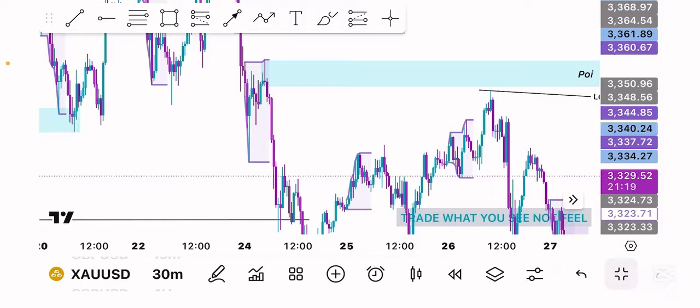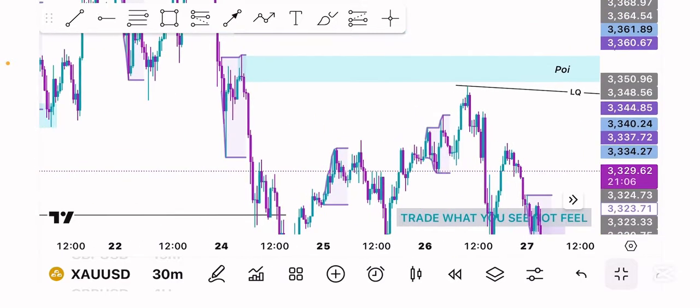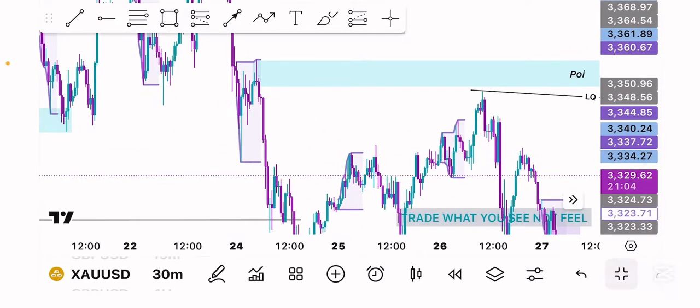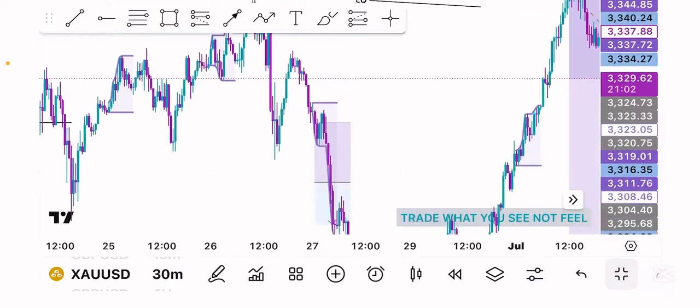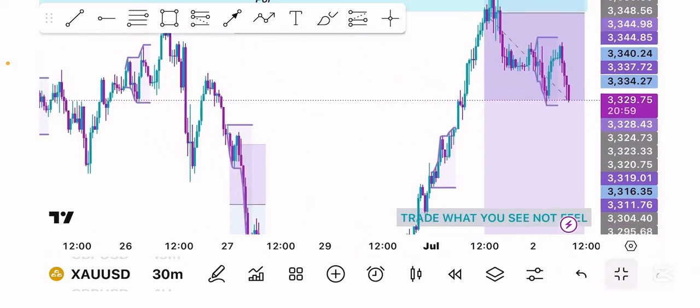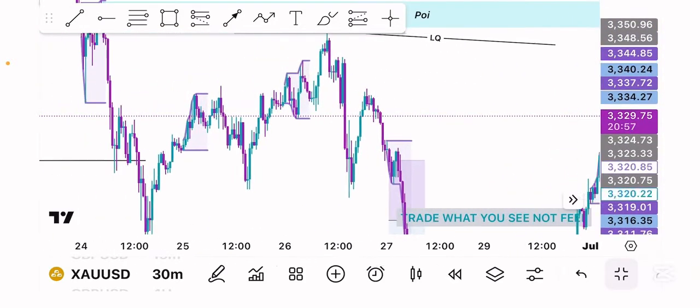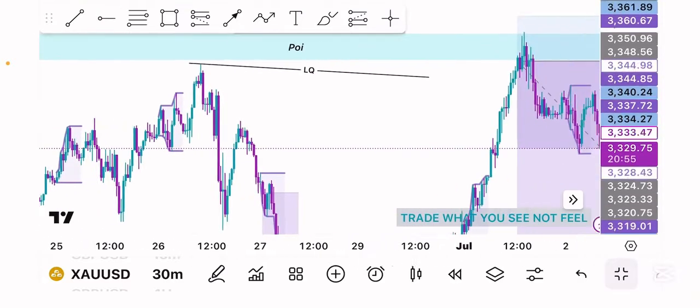The trade came to my entry point on Tuesday, but I've been watching this opportunity for at least 8 days.